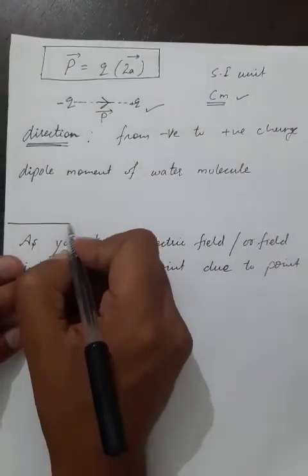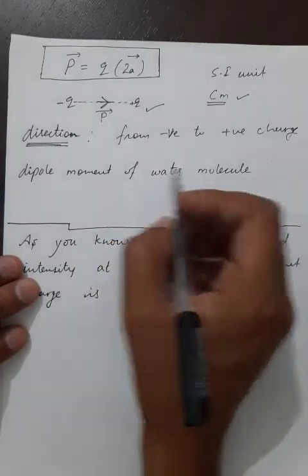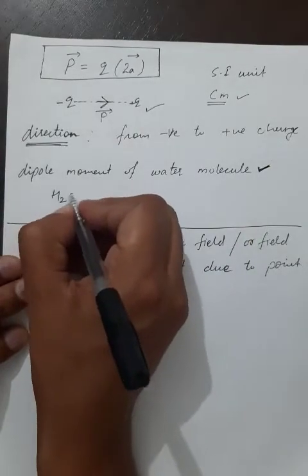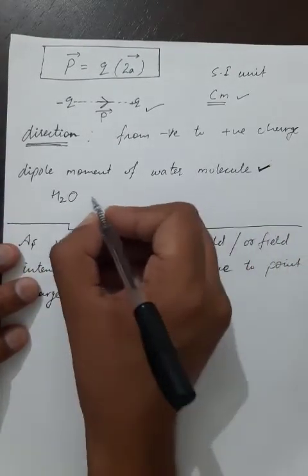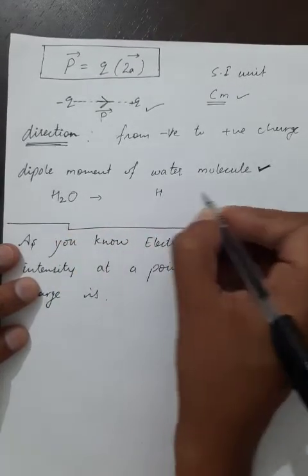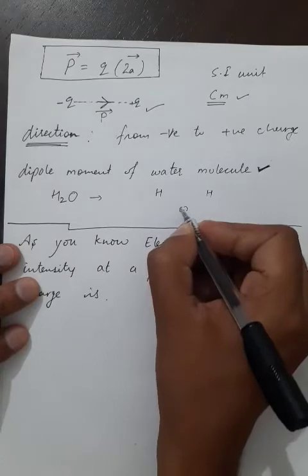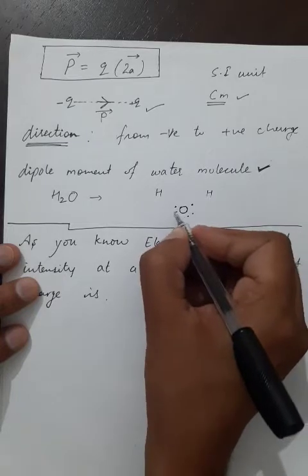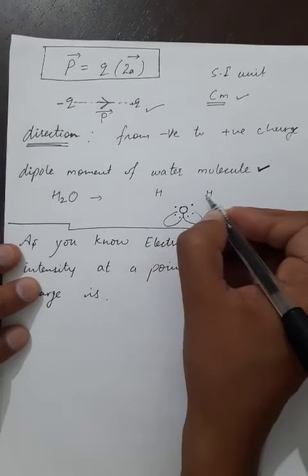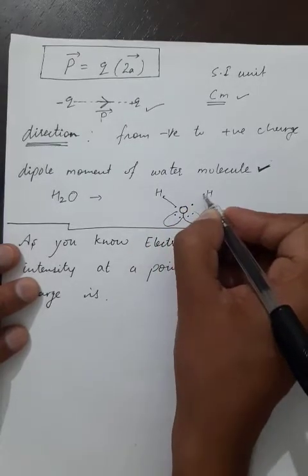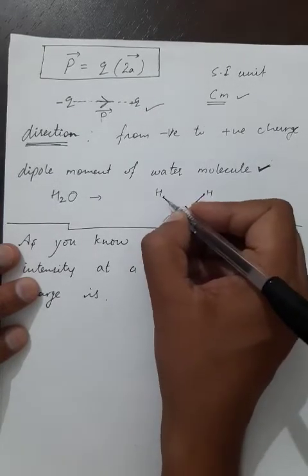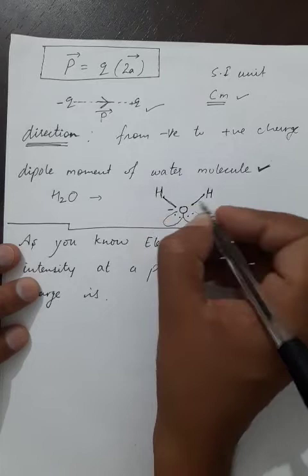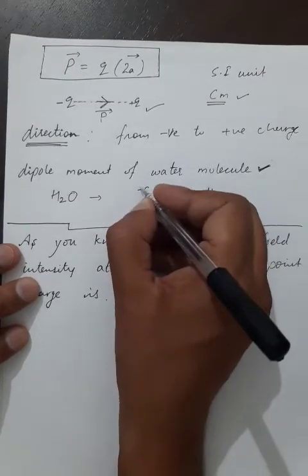Now let us see the dipole moment of a water molecule, H2O. If we see the structure of a water molecule, there are H and O. O has 6 valence electrons, 1, 2, 3, 4, 5, 6, that appear as lone pairs, and here is a bond between O and H. Since oxygen is more electronegative than hydrogen, here is a partial negative charge and here is a partial positive charge.